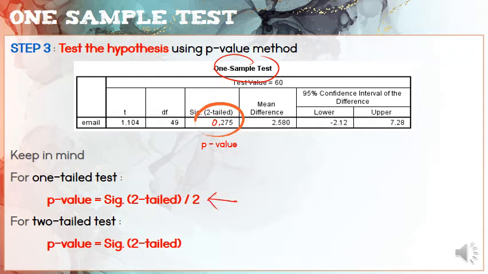So, instead of terus ambil 0.275, awak kena ambil 0.275 dibahagi dengan 2. So, this is a p-value for 1-tail. Kena bahagi dengan 2. Okay, this is for t-test.